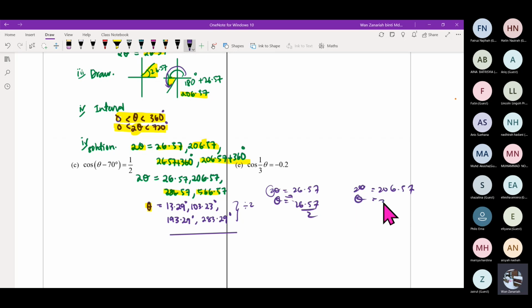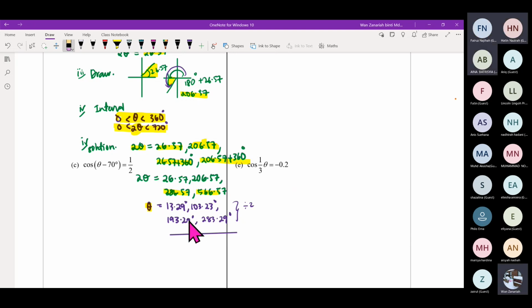So if I want theta, 206.57 over 2. Tapi kita tak tunjuk lah. Banyak sangat benda kita nak tunjuk. It's not the time we want to show everything, semua orang pun tahu kalau 2 theta sekian. So theta bahagi je lah 2 untuk kesemua ni. Faham students? Faham, madam.